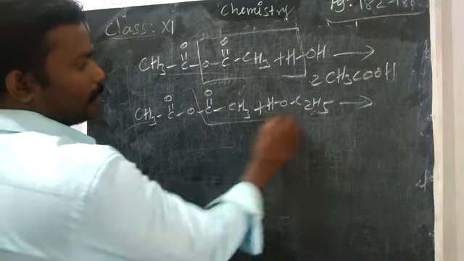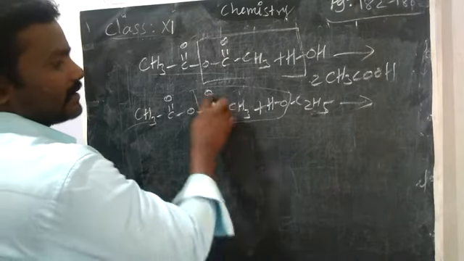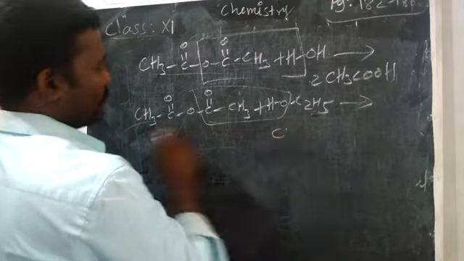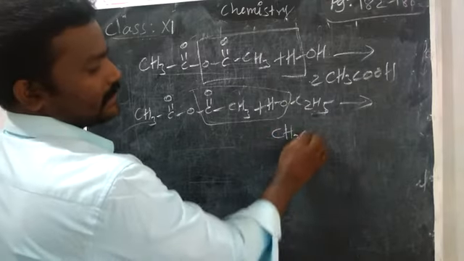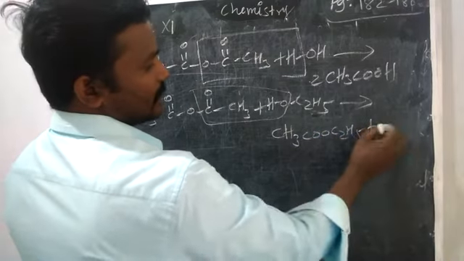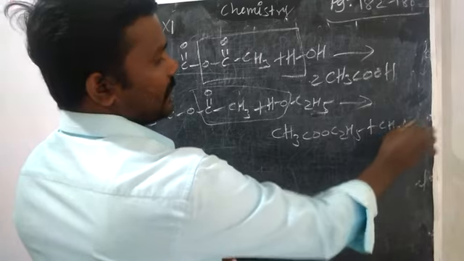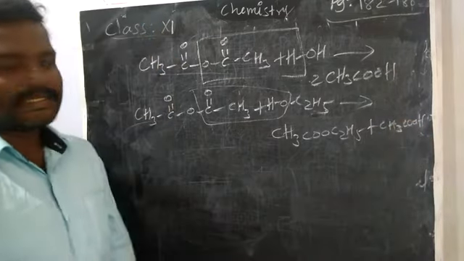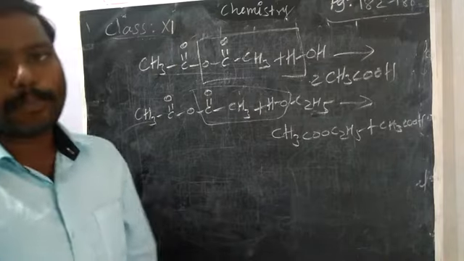You remove this group, CH3COOH, the acid group will go. The remaining will form the ester, CH3COOC2H5, plus CH3COOH. So we will get one ester and one acid as products.